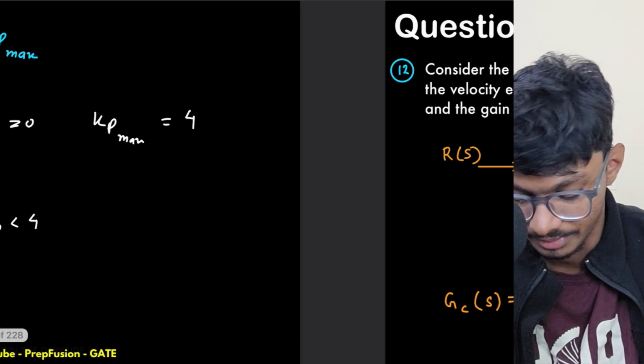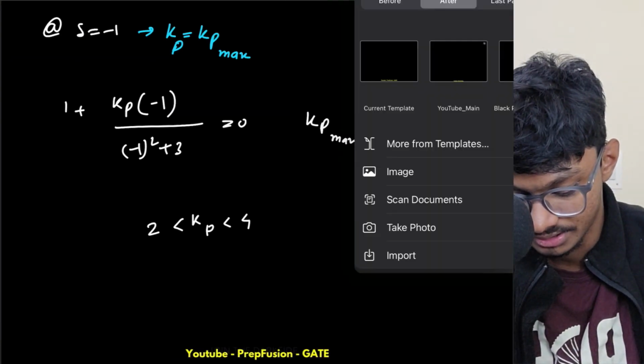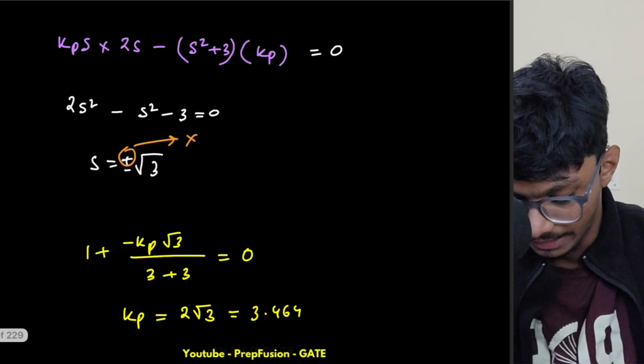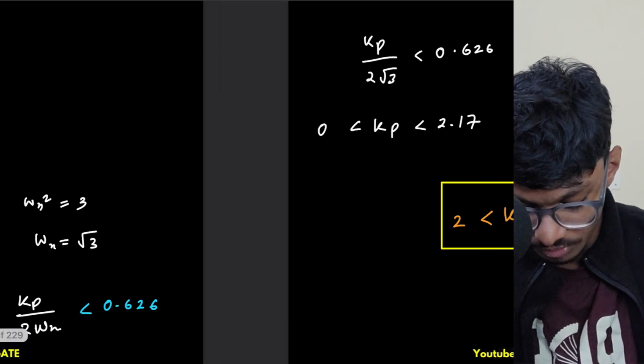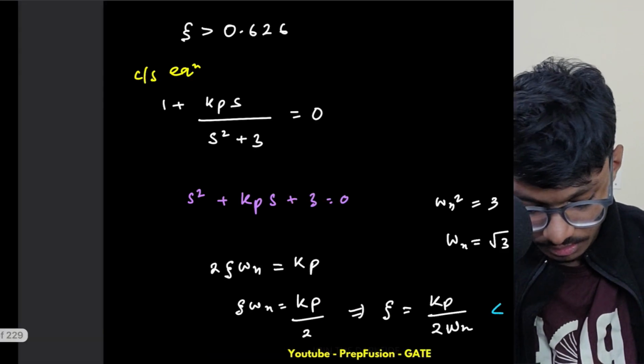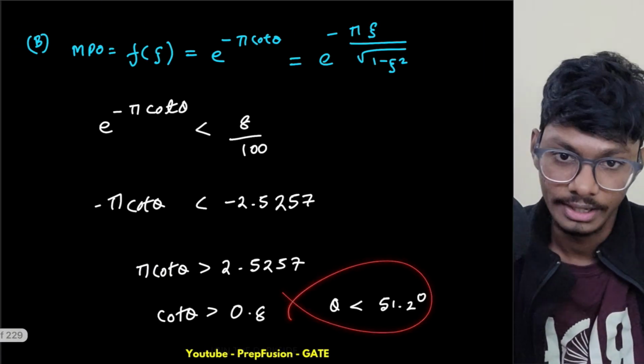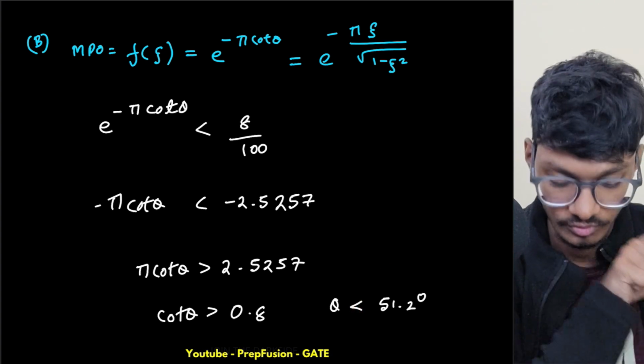Now let's solve part B. Again, an interesting fact: I have already solved the angle condition about the angle, so I won't repeat it. My angle from the negative real axis should be less than 51.2 degrees.